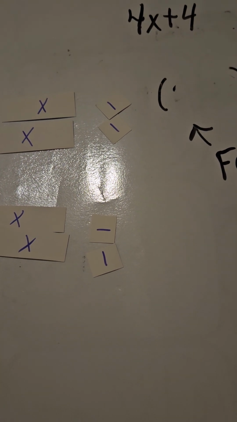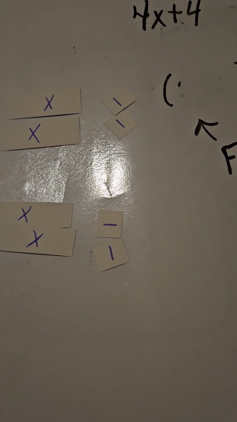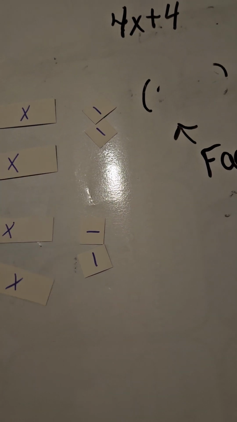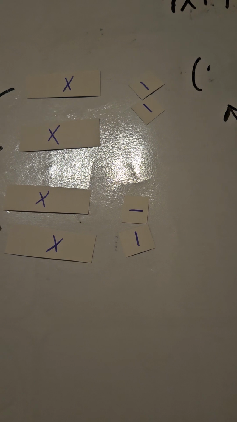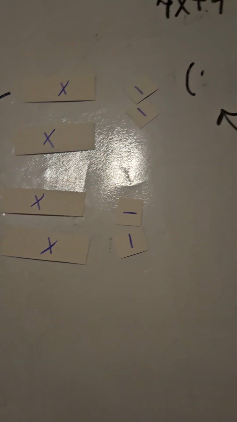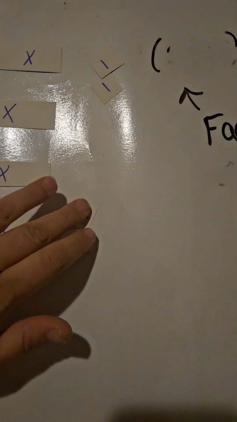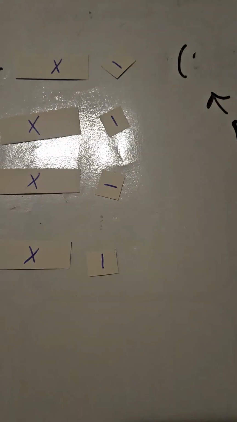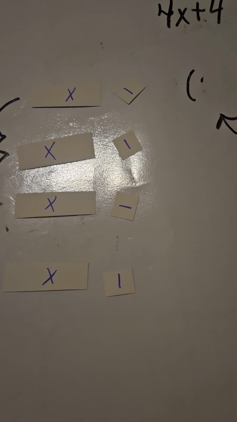But as I said in class, you need to make sure that you split them into as many rows as possible. There's a reason for that, and we'll get into it more in class later in the week when we get more into doing the factoring using a greatest common factor instead of algebra tiles. But for now, I need to make sure that I am dividing them into as many rows as possible. So let's see what happens if I divide this into 4 separate rows. And you see I can, because I have 4 1s, I can split this into 4 rows.